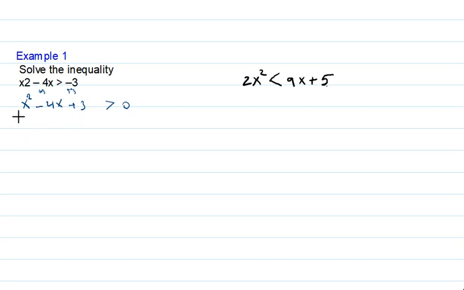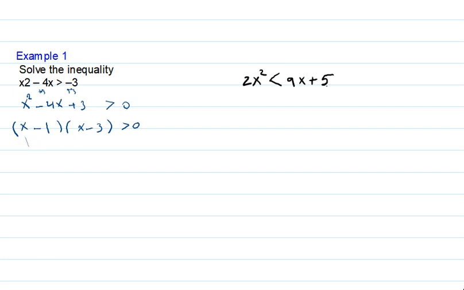Now we have this quadratic expression. We can factorize it as the product of two expressions, where both factors have x and both have a constant. The multiplication of these constants has to equal plus 3, and the addition has to equal minus 4. We have minus 3 and minus 1.